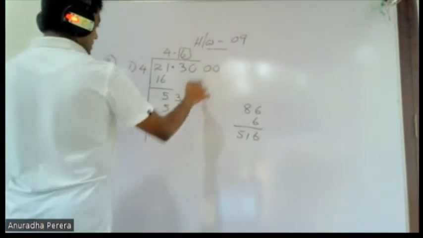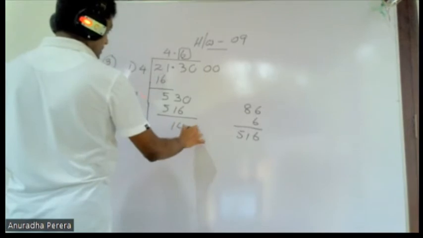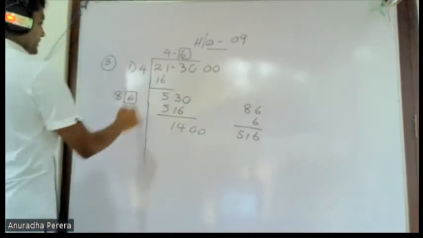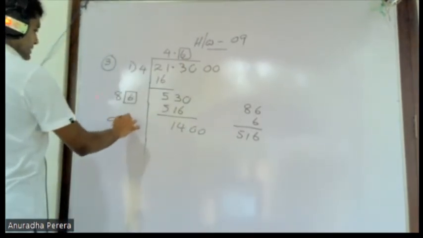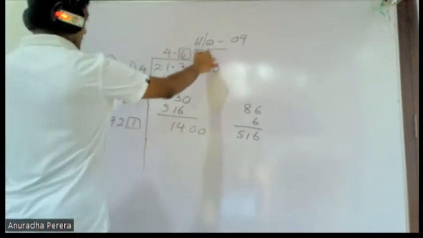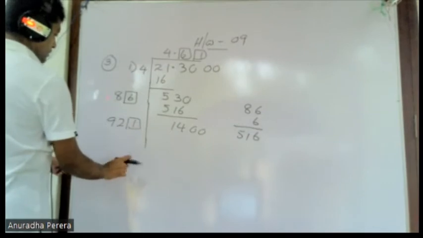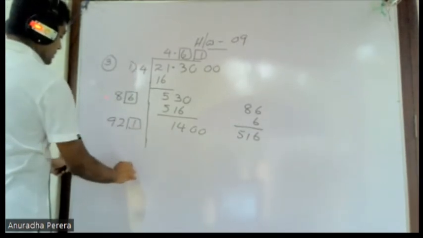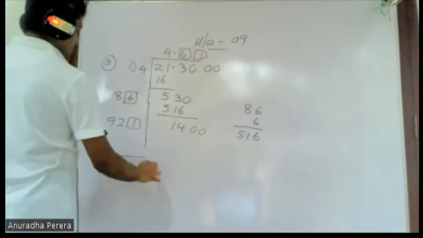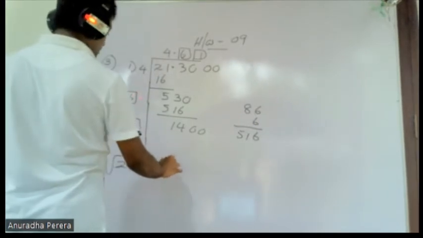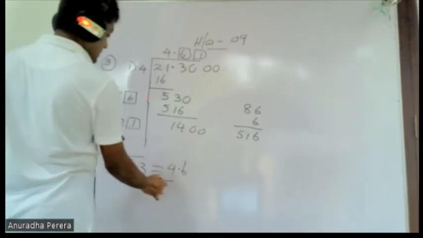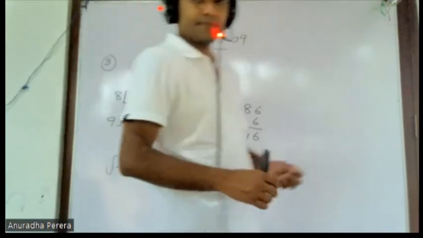Take another pair of 0. Twice of 46, 92. The first decimal place, your answer is: square root of 21.3 equals 4.6.